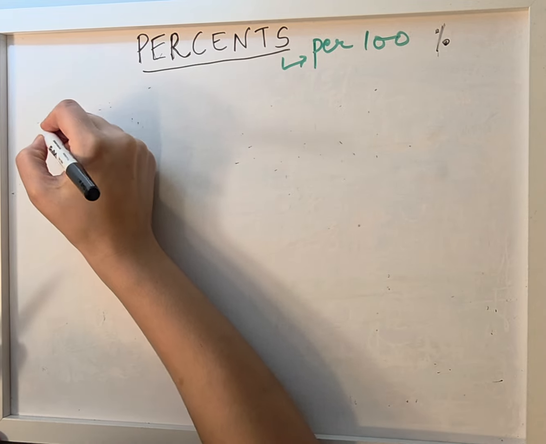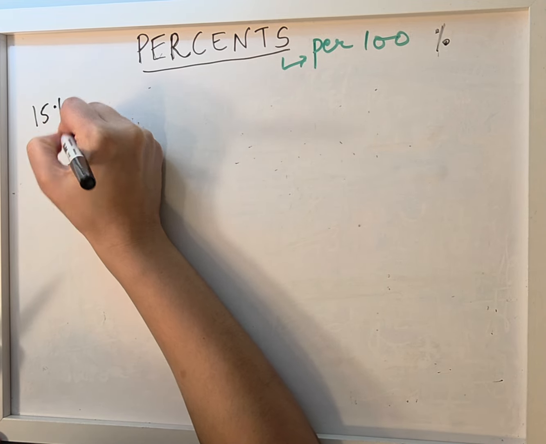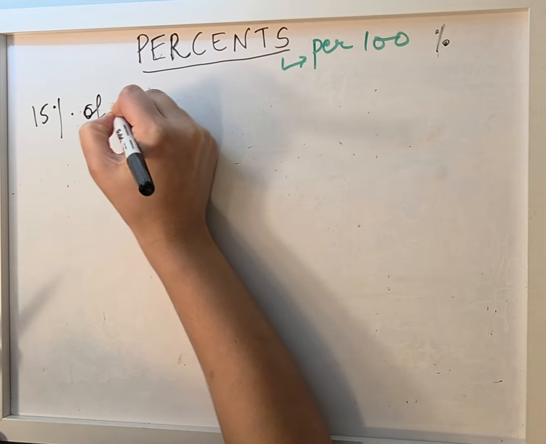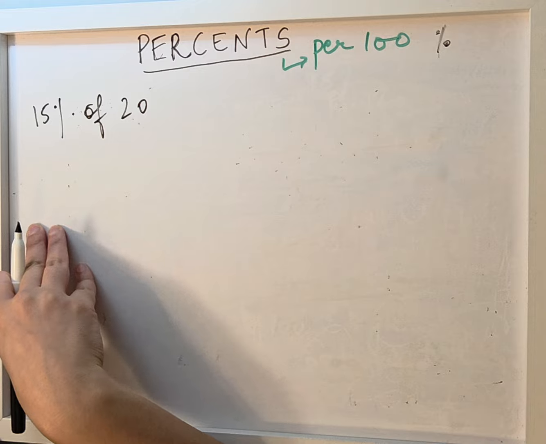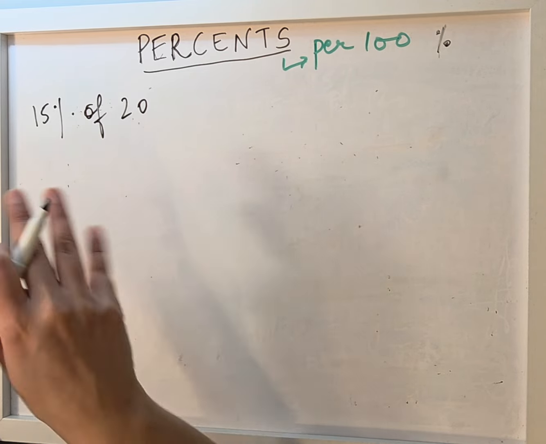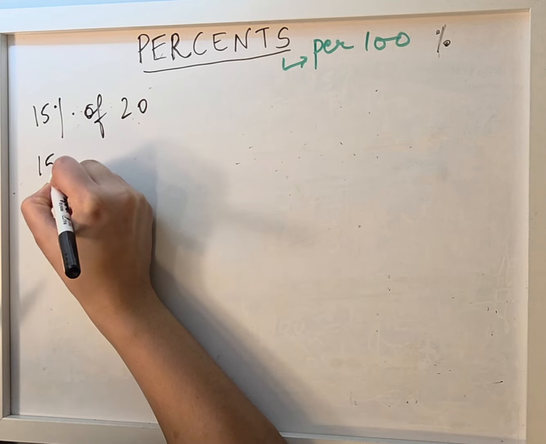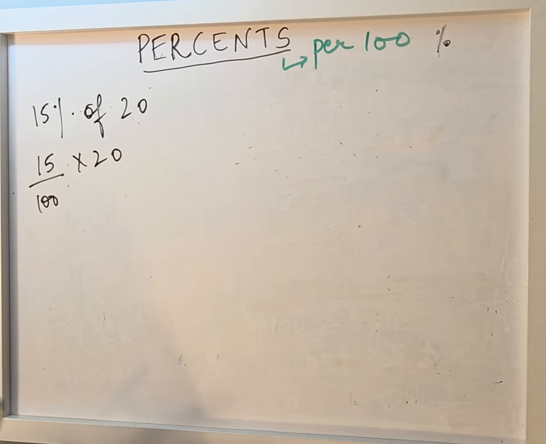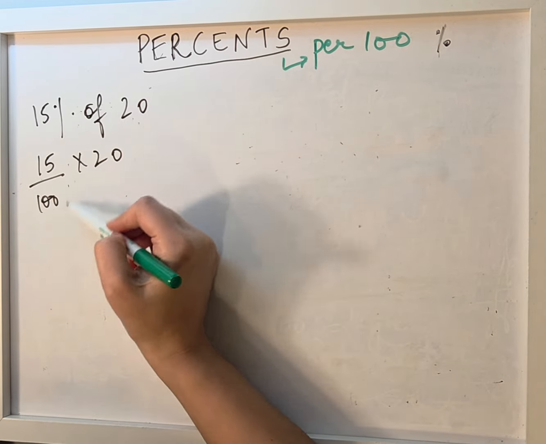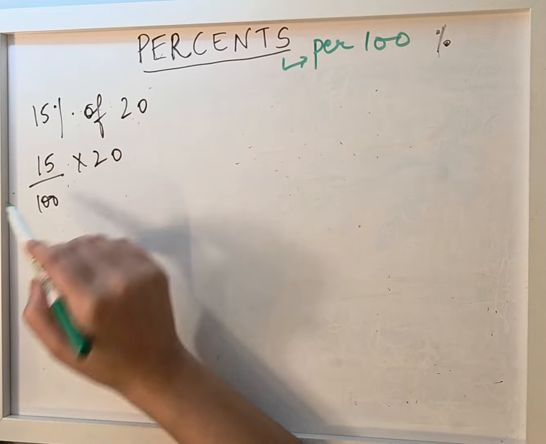Now we have 15% of 20. One way we looked at is we write it as 15 by 100 into 20. The other way is we can write this fraction as a decimal.